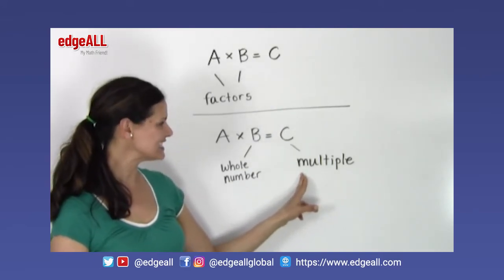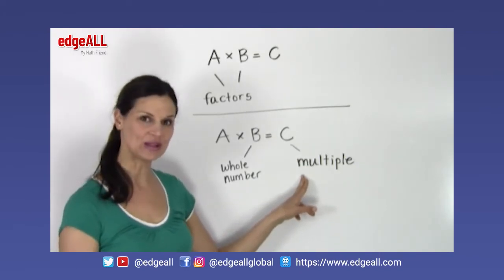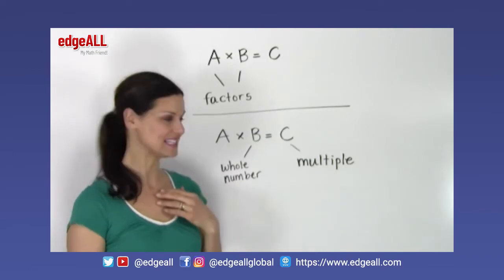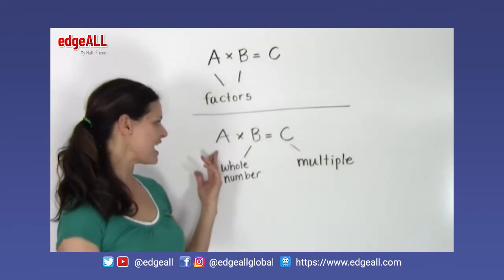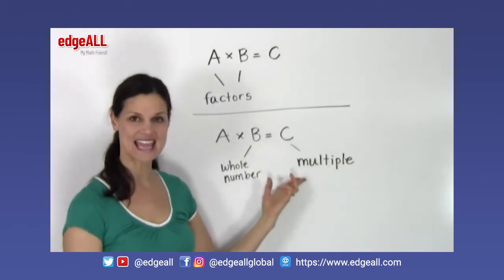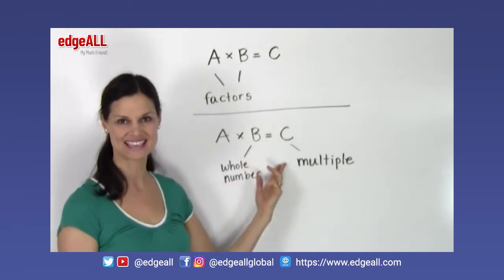So I would say that C is a multiple of B. You'll also hear it said C is a multiple of A. And also you'll hear C is divisible by A and B.